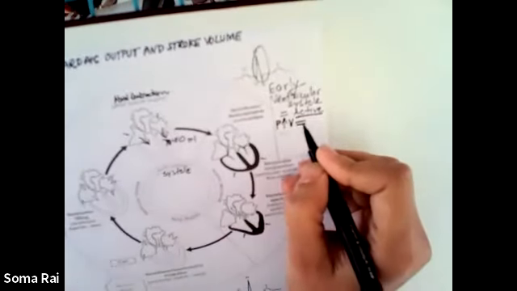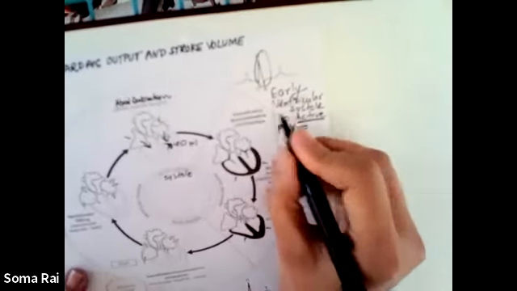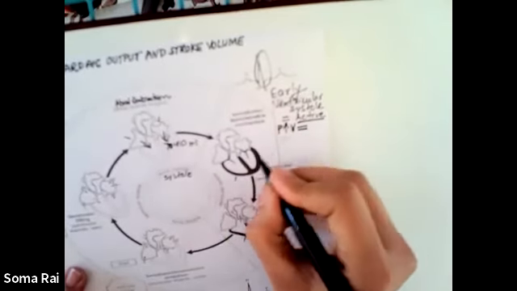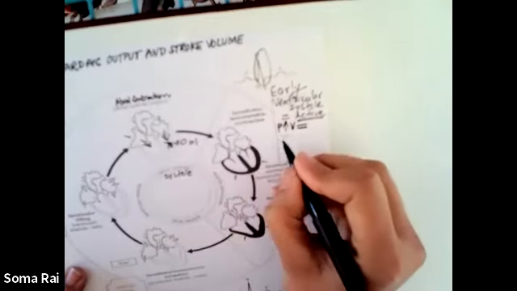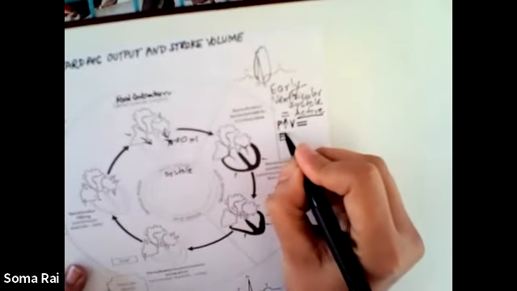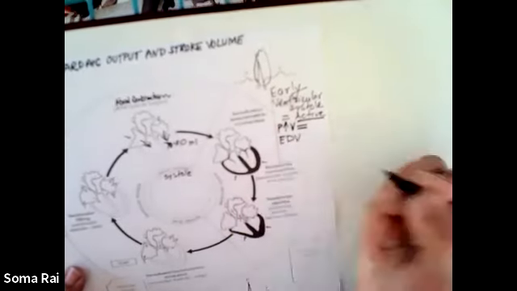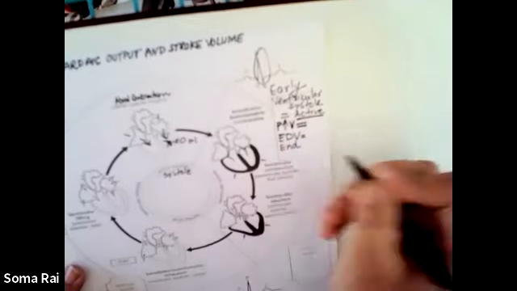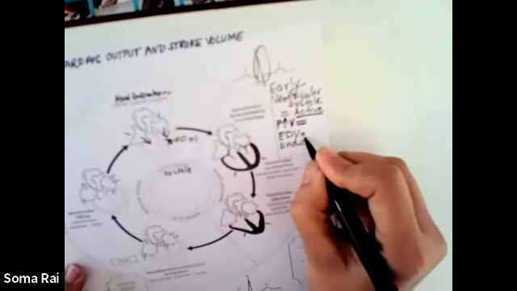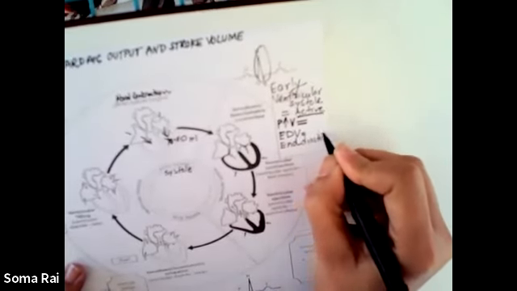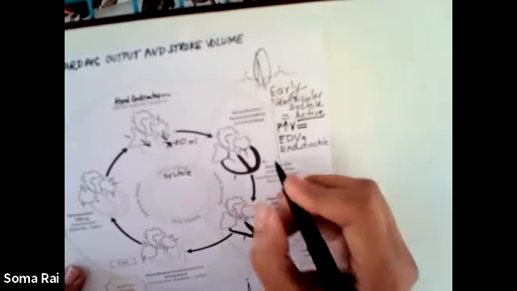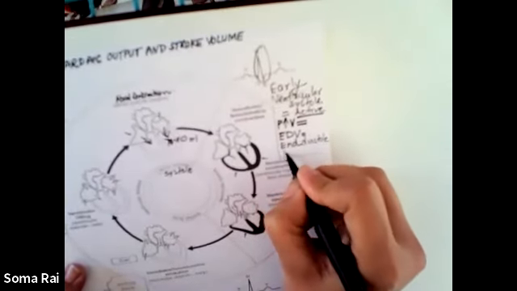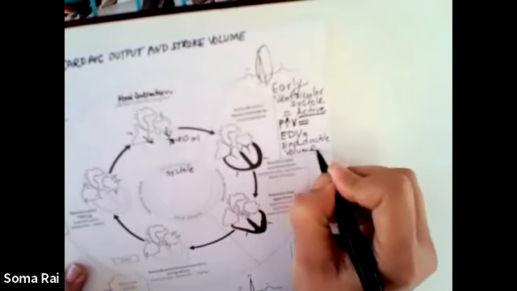It's equal. The amount of blood that is in the ventricle at this time is called EDV. If you expand it, it means end diastole volume.